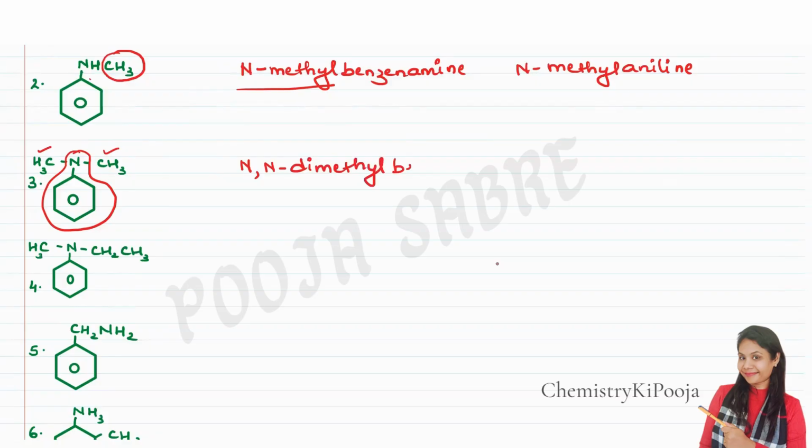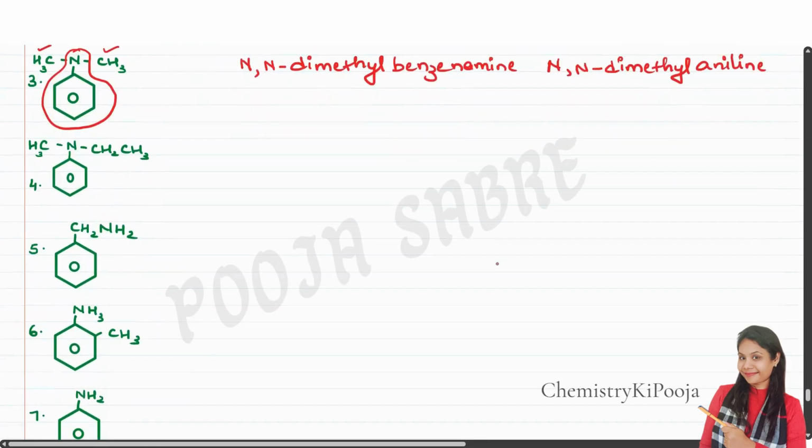The parent is benzenamine. It will be N,N-dimethyl, and instead of benzenamine, the common name is aniline. Clear?